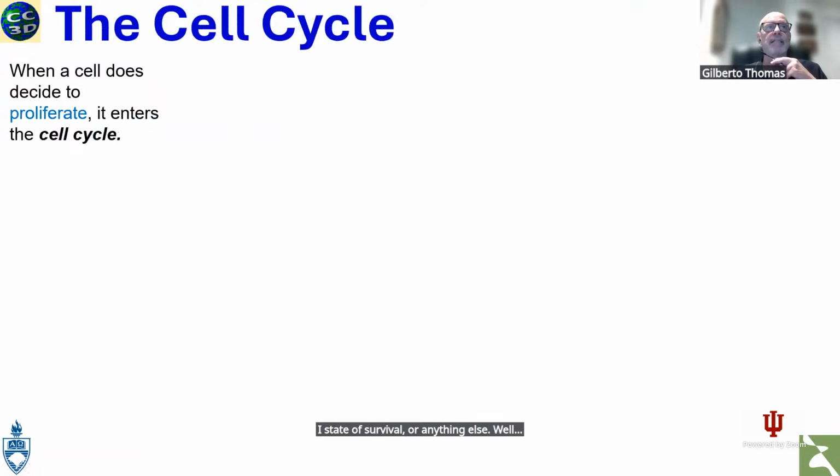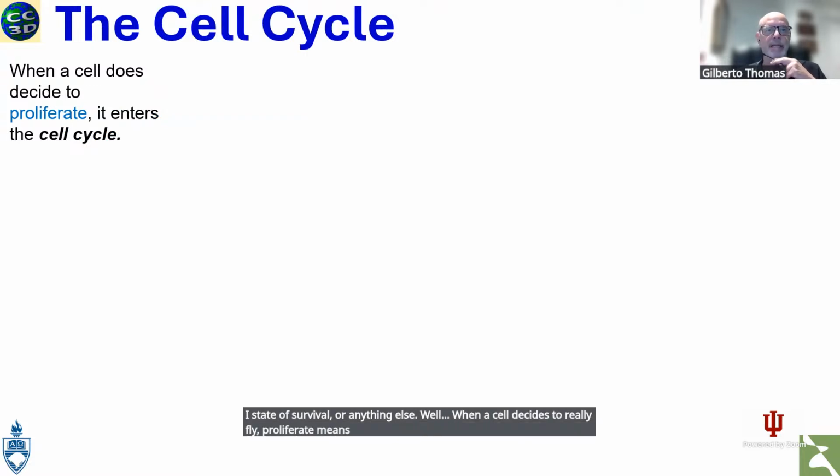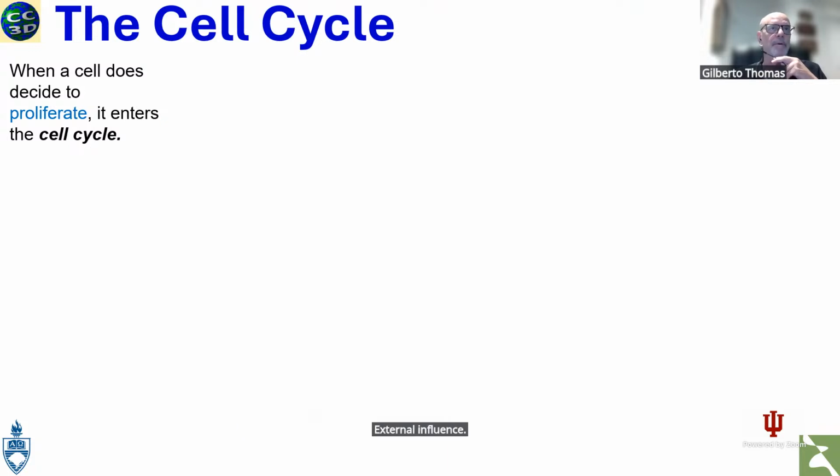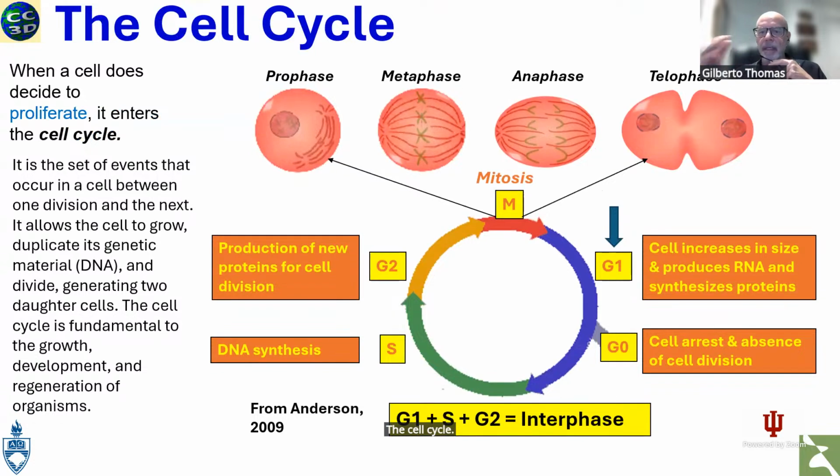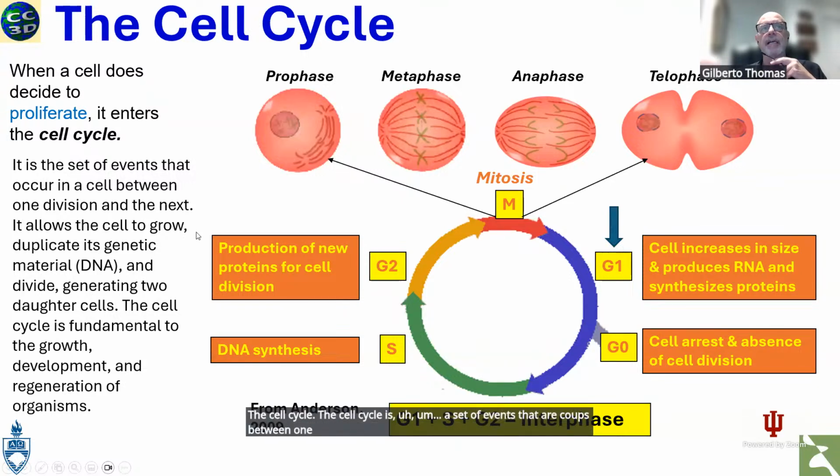When a cell decides to proliferate, the decision being made through some external influence, for example, it enters what we call the cell cycle. The cell cycle is a set of events that occurs between one division and the next one.